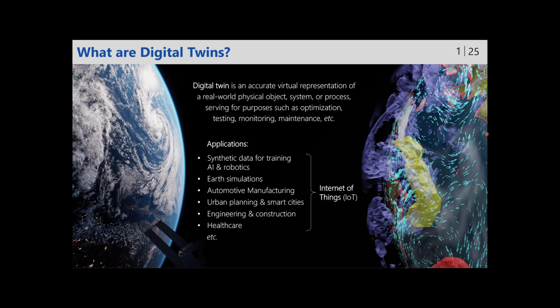What is especially important personally for me is Earth simulation. We have a problem of climate change and decision making, and understanding what is going on is really critical. Making a digital twin of our Earth and all environmental processes involved is really important.